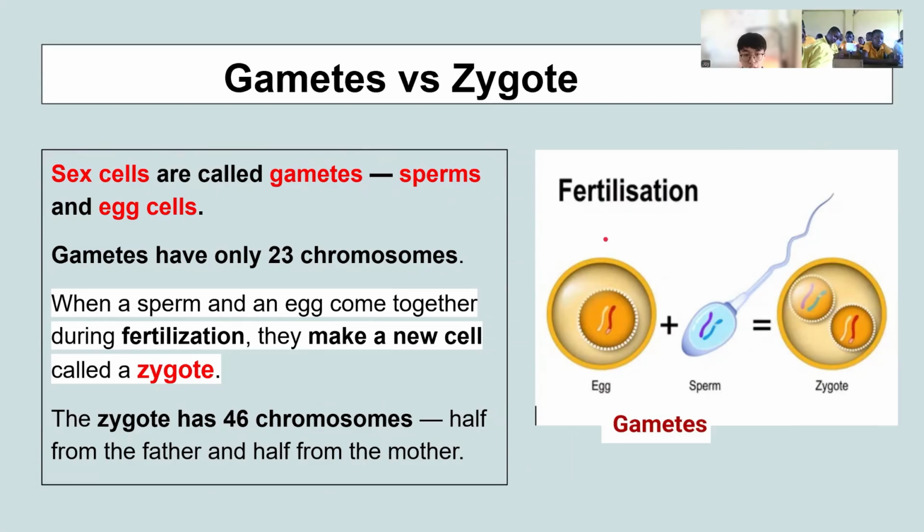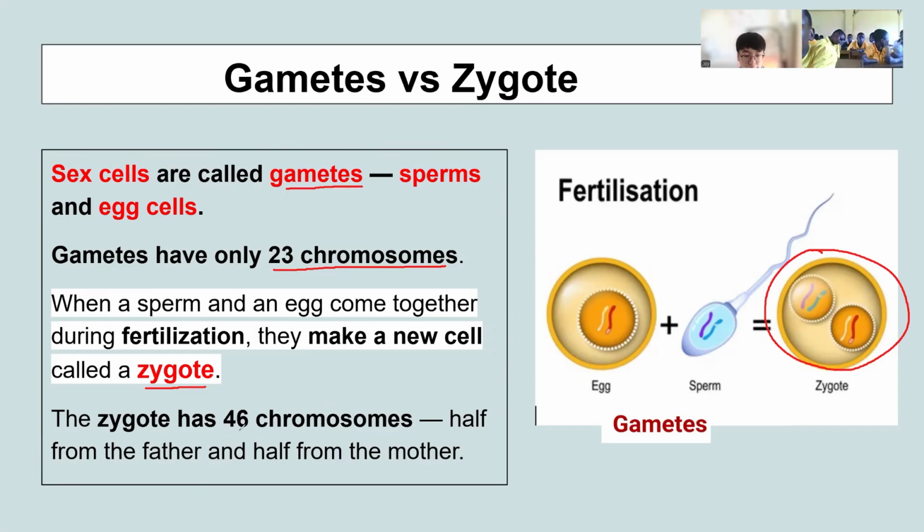But let's look here at the gametes versus a zygote. Sex cells are called gametes. The sperm and the egg cells are called gametes. So gametes only have 23 chromosomes. But when the sperm and the egg come together during fertilization, they make a zygote.